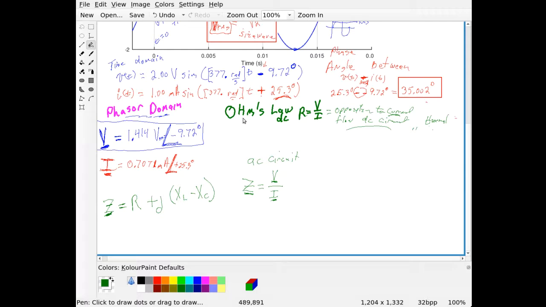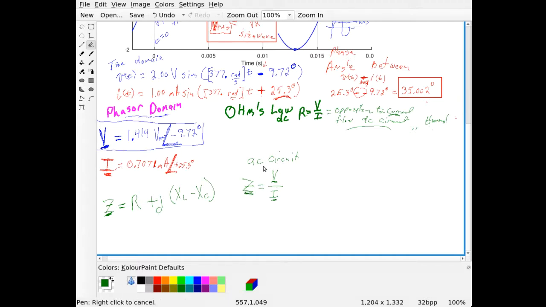So Ohm's law didn't exactly change on us. It is still the voltage divided by the current gives us the opposition to current flow. What changed is the fact that we have a phase angle.